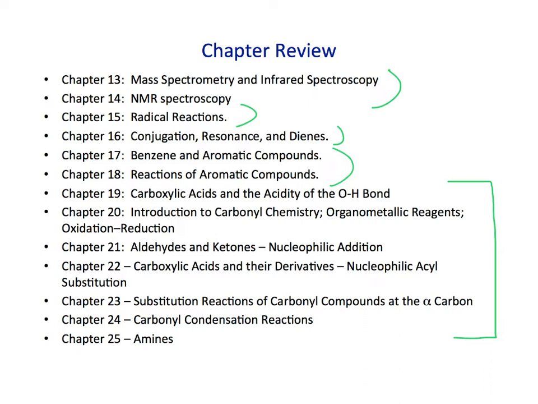Alcohols, carboxylic acids, phenols. We've added in amines, and all of these kind of groups. Then we had this chapter on intro to carbonyl chemistry, where we primarily looked at the reaction of carbonyl groups with strong nucleophiles like Grignards and hydrides and things like that.